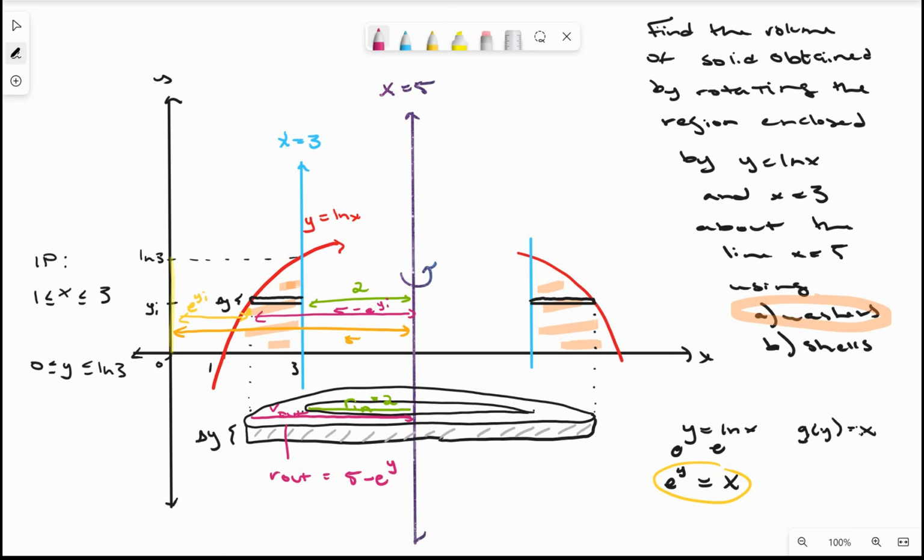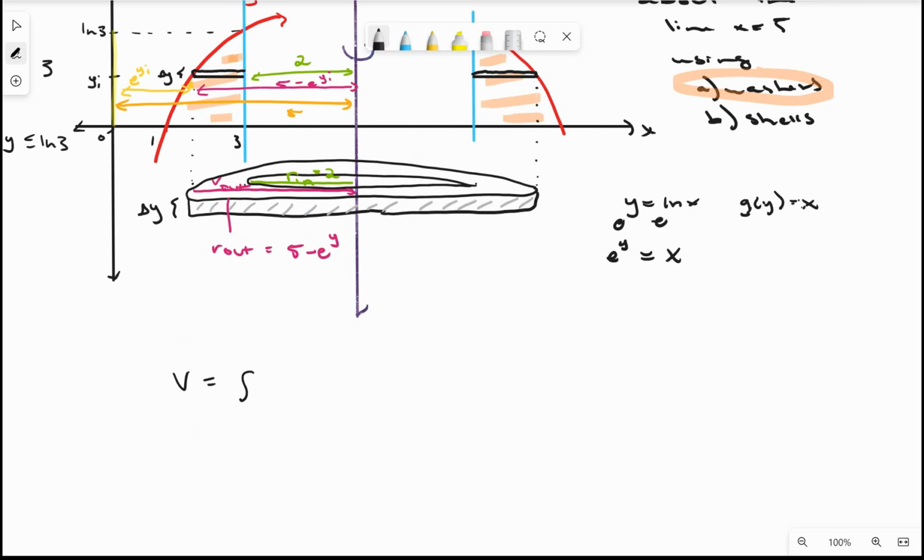Okay, so now volume is equal to the integral, you know, we're using washers, right? It is equal to the integral of the area of the face of the washer, right, dy. Because we're integrating with respect to y. We've already discussed that, right? The thickness of our rectangle and washer is dy, or delta y.